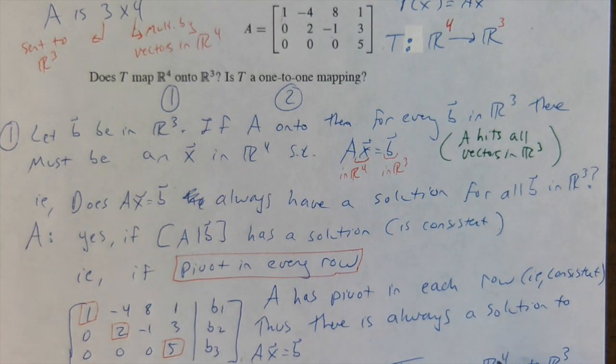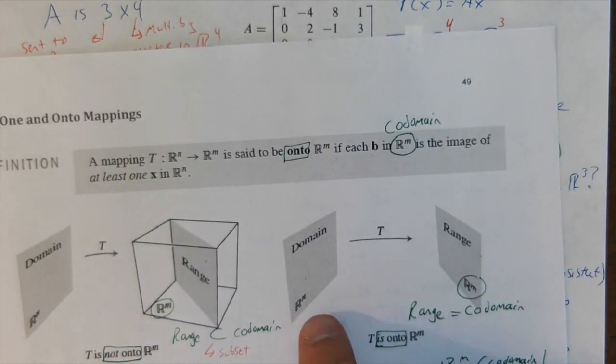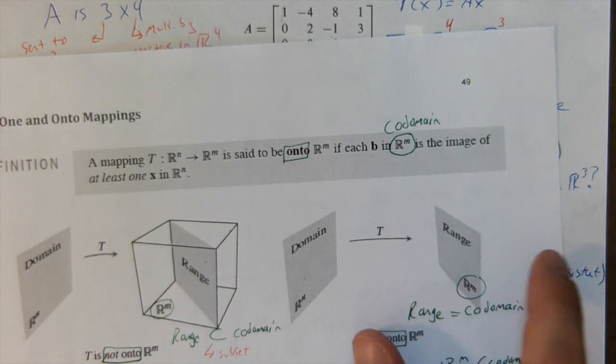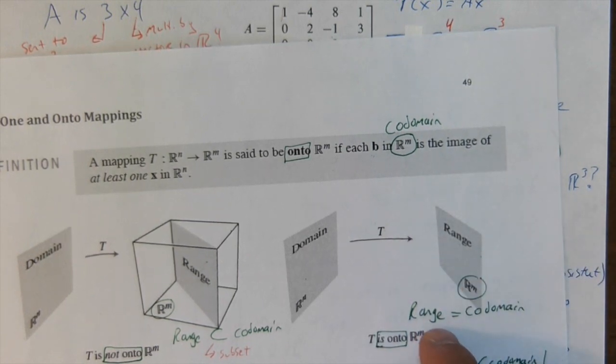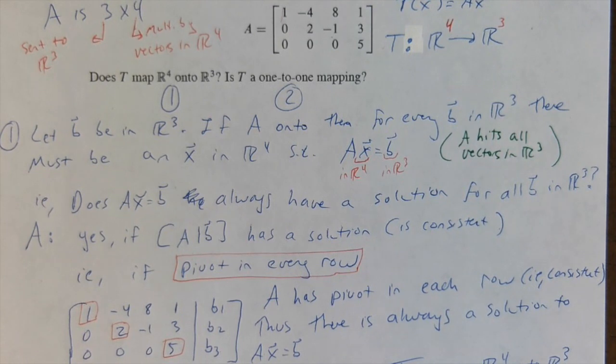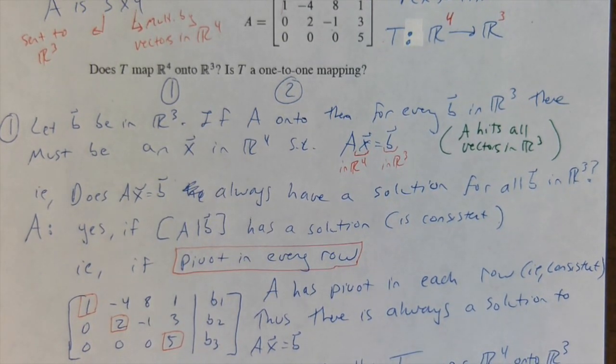In other words, it takes things from R4 and then it completely covers every single possible vector in R3. There's always going to be a solution to Ax = b, no matter what b we pick, because there's a pivot in every row. And so kind of looking back to the image on the last page here again, this would be going from R4 to R3, and the entire range fills up the codomain.